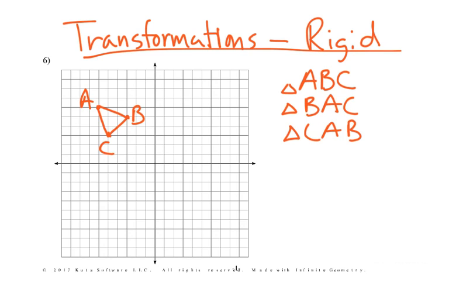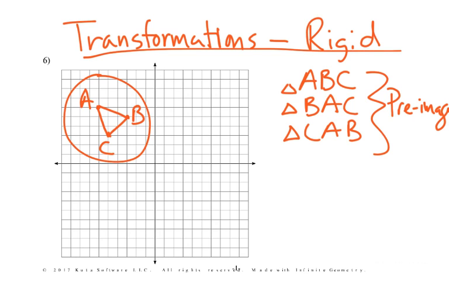It really doesn't matter the order until we get further on. Okay? Remember, this is also considered our pre-image, right? Our pre-image here.